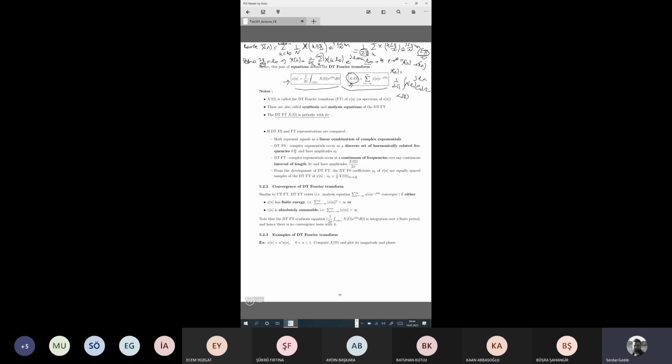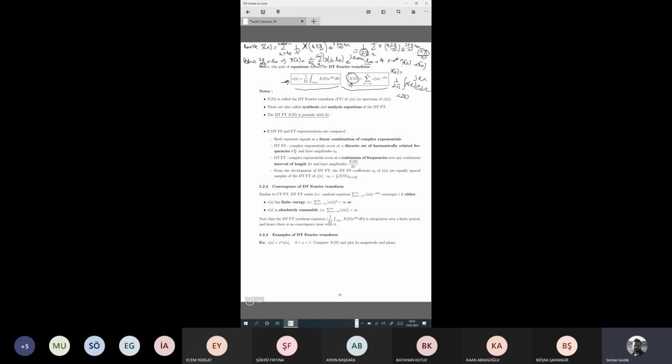So this gives me the discrete time Fourier transform pair in the time domain and in the frequency domain. This derivation is just for mathematics, so you should follow these steps, but the result is more important for us, which is this discrete time Fourier transform pair.